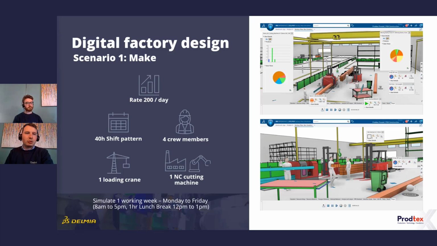We're going to have 4 crew members manning the cell: the machine operator, a crane banksman, a repair engineer, and someone to transport the finished offcuts. This will also involve an NC cutting machine and a crane for loading the cell.